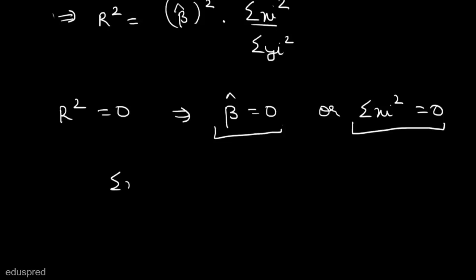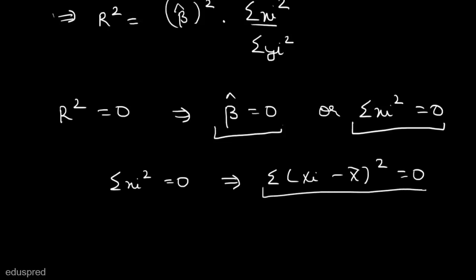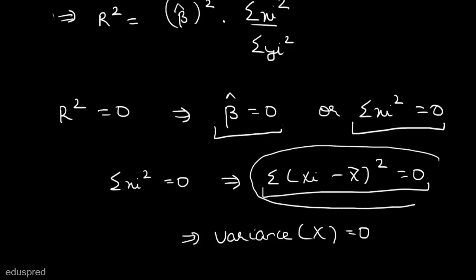If summation xi square is equal to 0, as per our notation, this implies that summation xi minus x bar whole square is equal to 0. Well, this implies that variance of x is equal to 0, because this term is the numerator of variance of x. So if this is equal to 0, then variance of x is equal to 0.